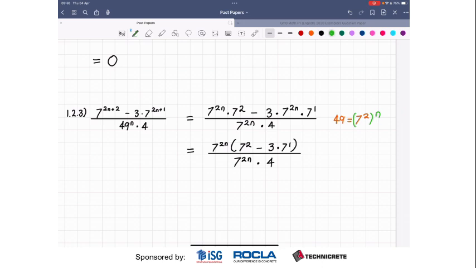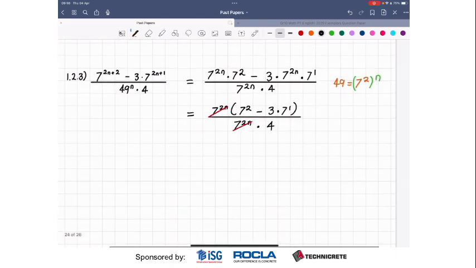And now I can see that I can cancel out this 7 to the 2n with this 7 to the 2n. And then I'm just left with numbers. I don't have variables anymore. So if I simplify the top part, I'm going to have 49 minus 21, which is 28. And then at the bottom, I just have 4. And 28 over 4 is 7.